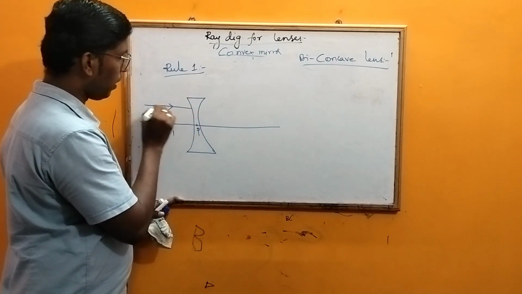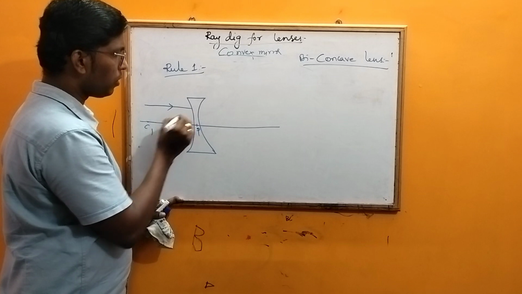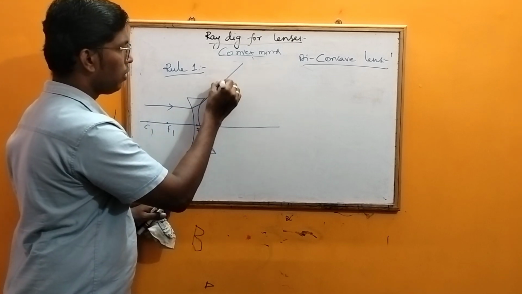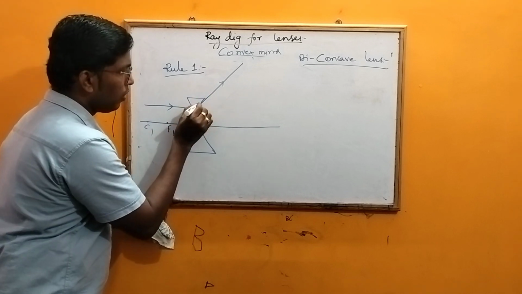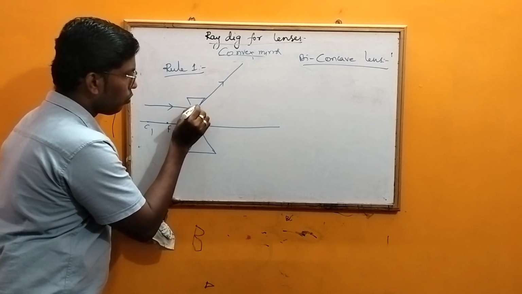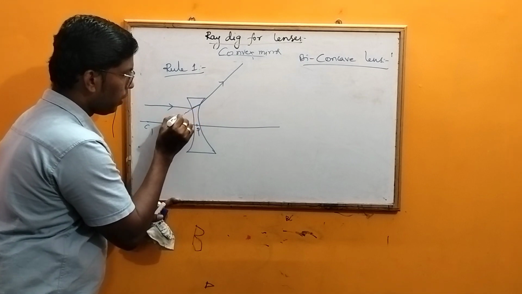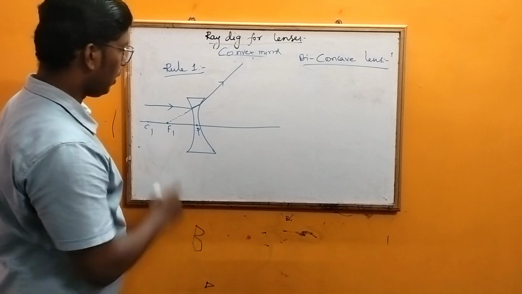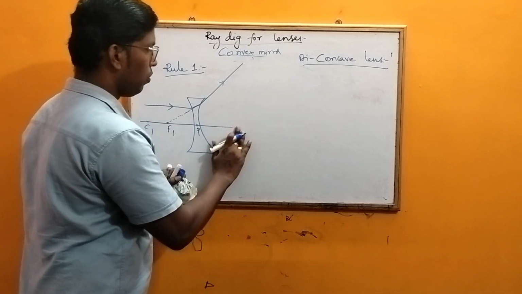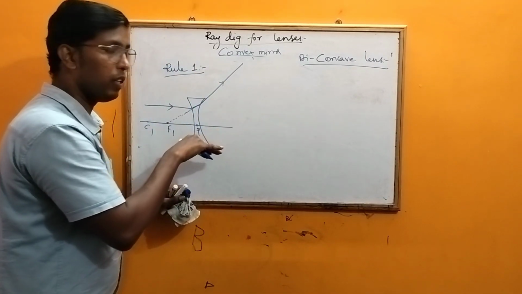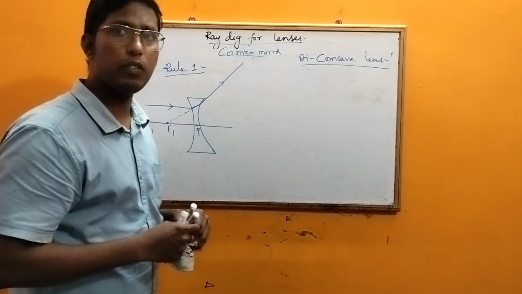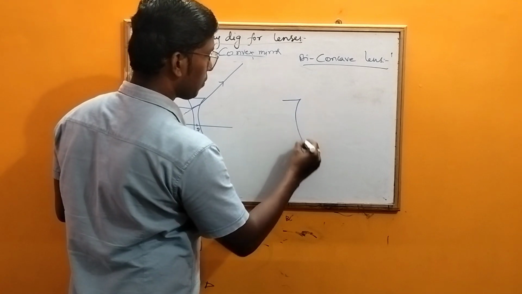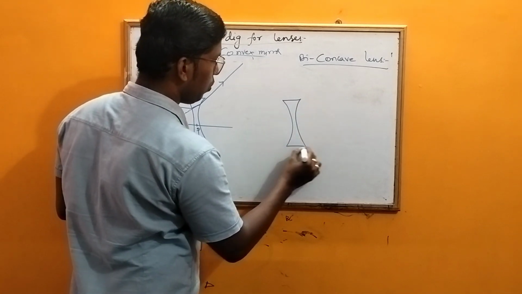Now here, what happens when a light ray travels parallel to the principal axis? After refraction, it appears to pass through the focus point, moving away, diverging. Okay, understood? This is the first rule, first condition. But there it will converge. That is the reason convex lens is also known as a converging lens. It is a diverging lens. Now, second rule.